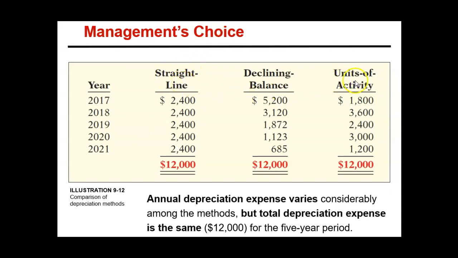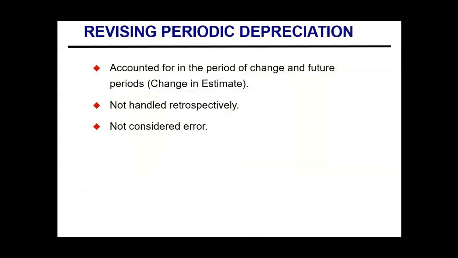If you compare all 3 methods, you will see that over the 5-year period, with each of them, it expenses a total of $12,000. It'll just be a different amount in those years depending upon the method that is chosen. As a company, you can choose any of these 3 methods to record your depreciation expense.